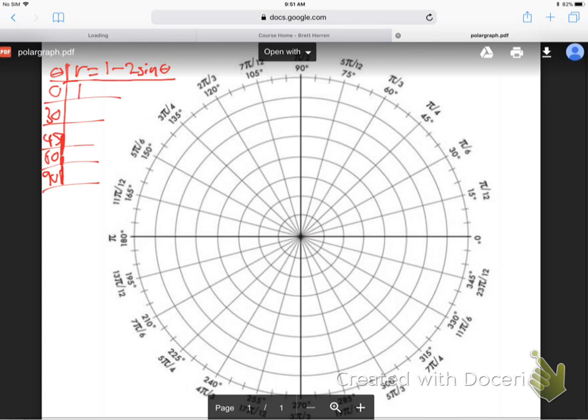So this is going to be 1, sine 30 is a half, so that's going to be 0. 45, I don't know, 1 minus root 2, I think it's minus 0.4. Sine 60, I don't know, so maybe it's minus 0.7. Sine 90 is 1 minus 2, which is -1.